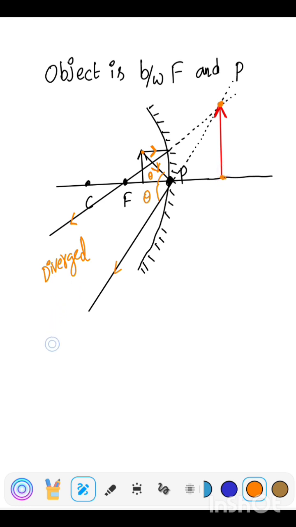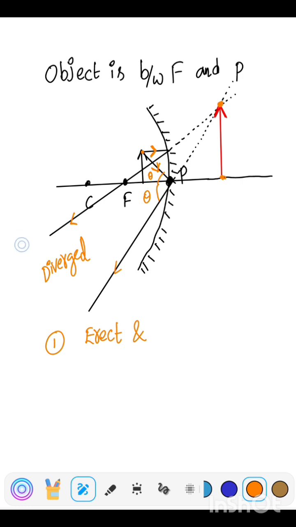Tell me what is the nature of the image. Here, the two rays are not meeting each other. When you extend them in the other direction, they are meeting each other. And if you observe, the arrow is in upright position, not upside down. Therefore, the nature of the image is an erect image, and it is a virtual image because it is not a real image.